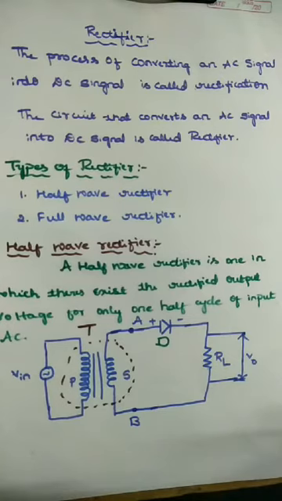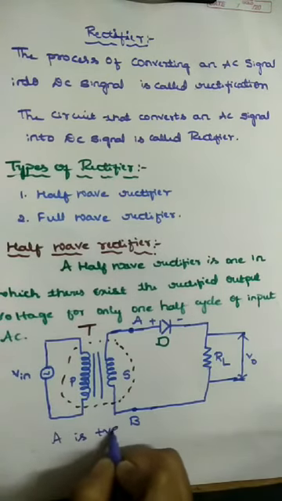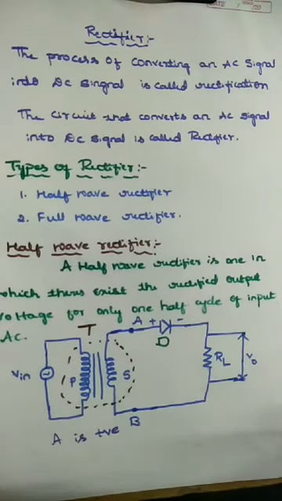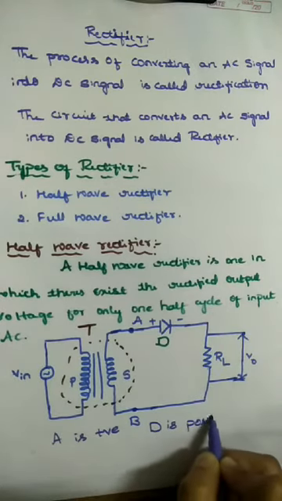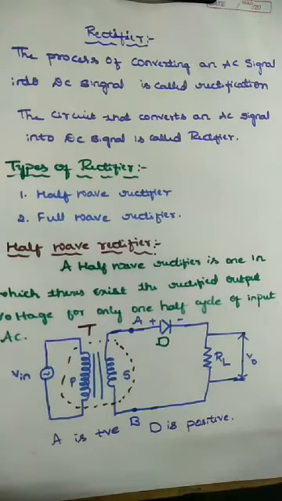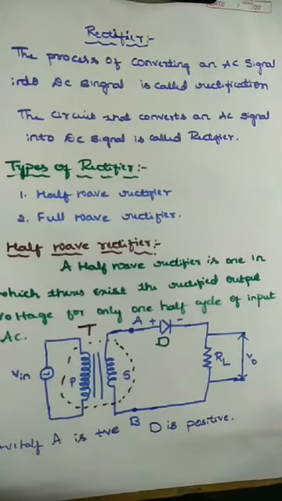During the positive half cycle of the input, A is positive. Hence the diode D is positive, with a forward bias, and it conducts.